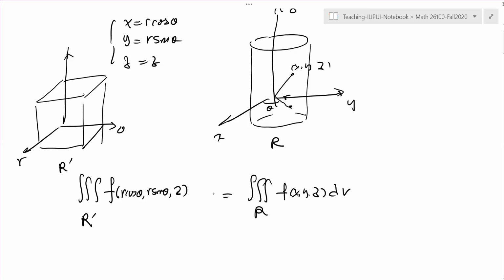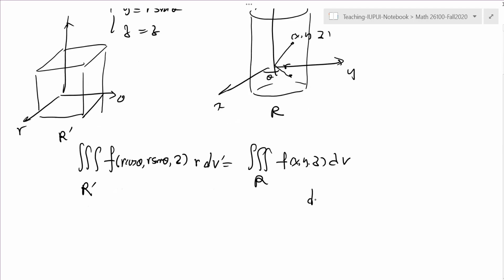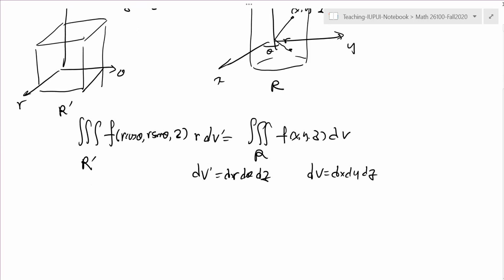This part is actually just dV. Usually dV is dx dy dz, and here dV is r dr d theta dz. It's a new variable, so there is an additional r. This comes from the so-called Jacobian.